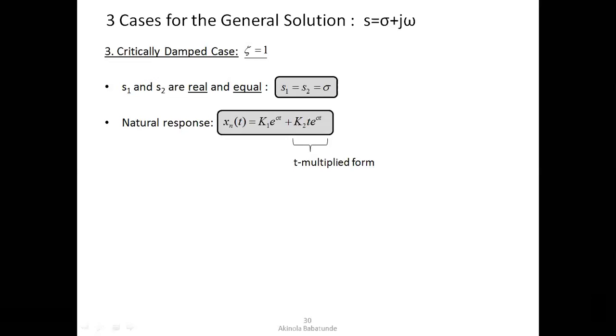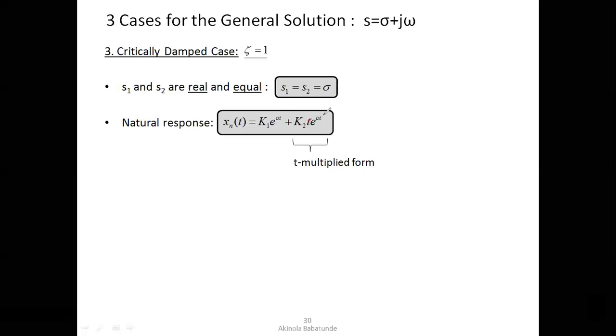So when you solve the quadratic expression and you obtain S1 equal to S2, real and equal roots, this is exactly how to represent those. This is also not a strange thing to some of you who are familiar with your mathematics, differential equations, and so on. So you see that the natural response in this case will be equal to K1 exponential gamma t plus K2 exponential gamma t.